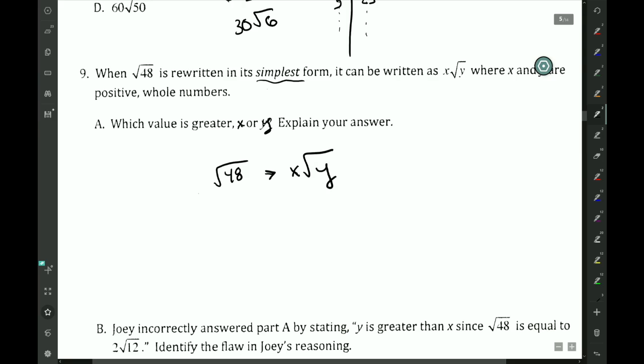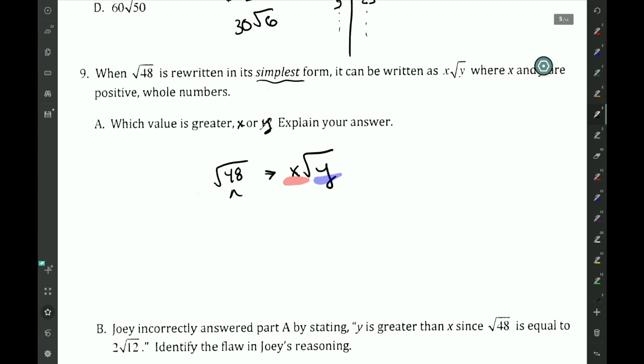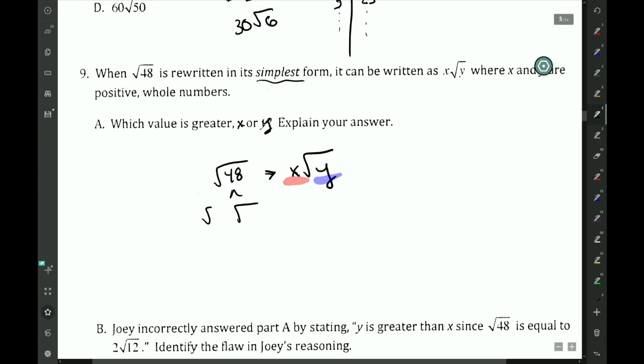So you have a number on the outside and a number on the inside. 48 divided by perfect squares goes 16 and 3. 16 becomes 4 roots of 3, and the question wants to know which value is greater. Well, the number outside is greater than the number inside. So x is greater.